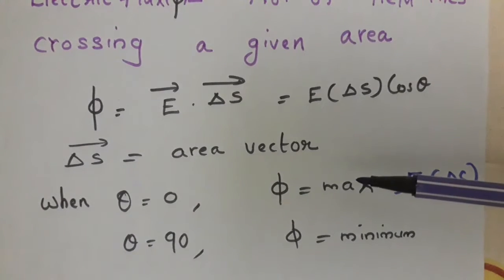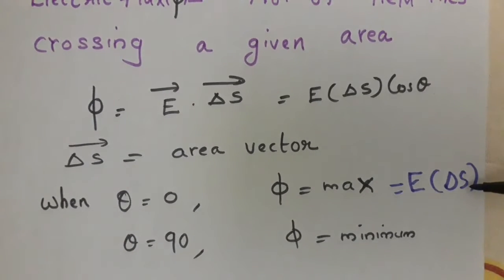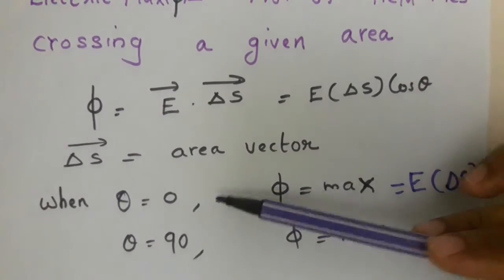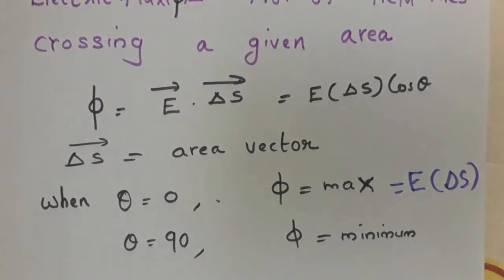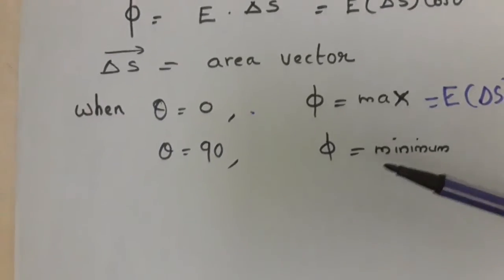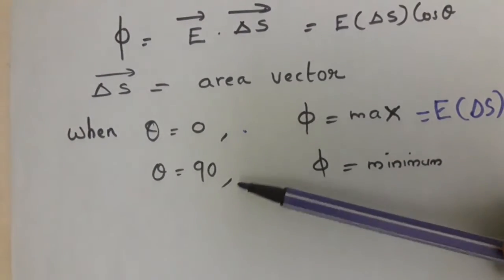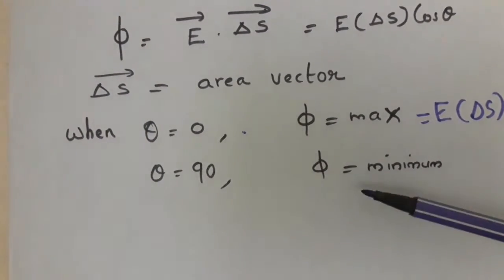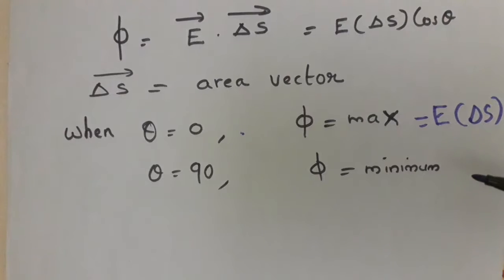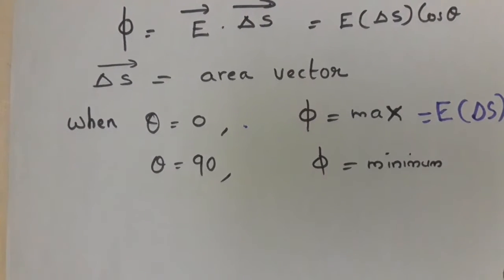That is, when E and delta S are parallel, the maximum field lines will pass through the surface, and when E and delta S are perpendicular, no field lines or very few field lines will pass through the surface.